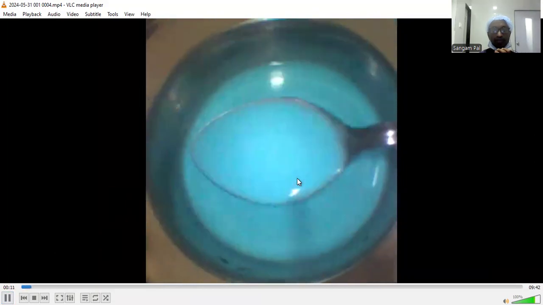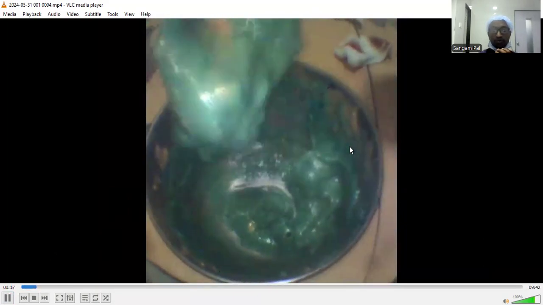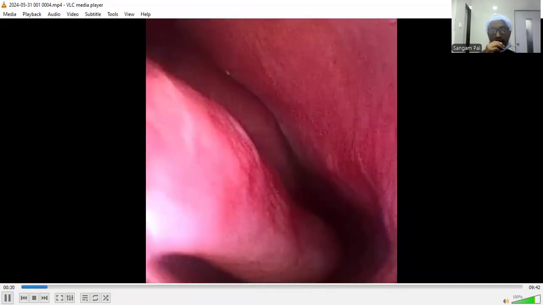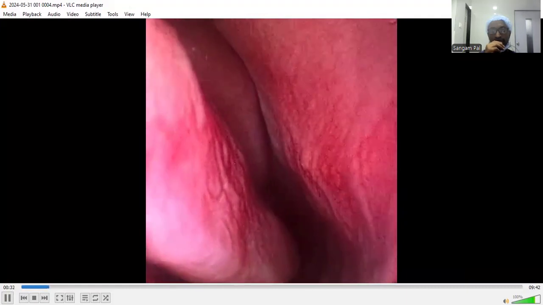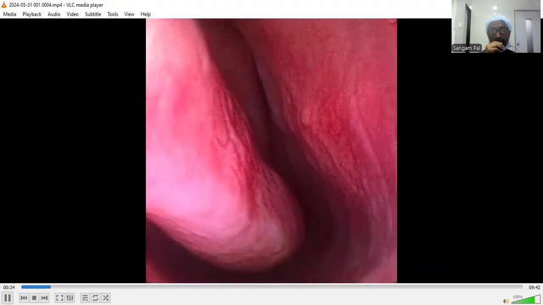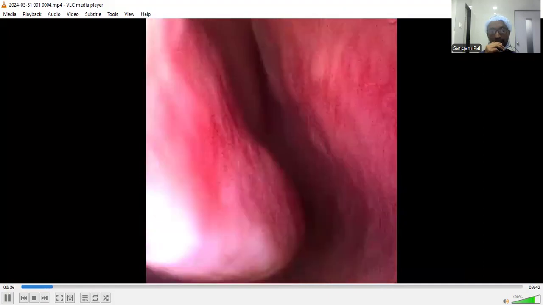This is liquid, blue color liquid, and also I have taken blue color semi-solid. This biscuit and milk. And this is a patient who had a stroke 5 years back and has aphasia. He's not able to speak anything, but his speech understanding and intelligence is preserved.